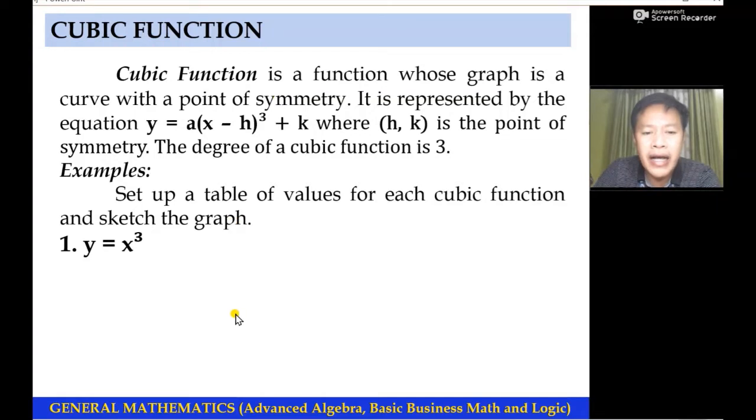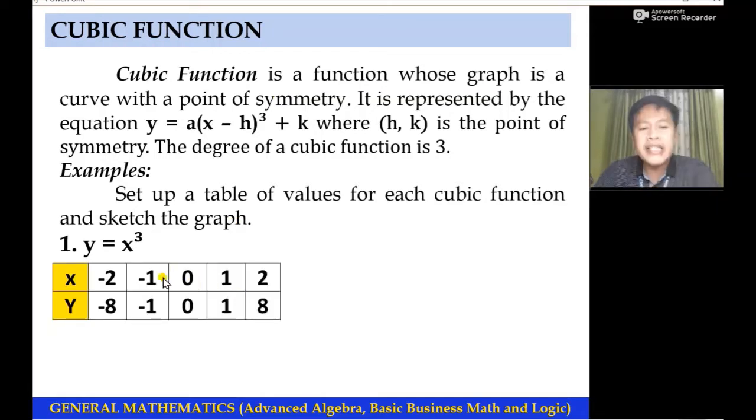The same strategy we are going to apply with setting up table of values with that of the quadratic function. The most essential property of a quadratic function is the vertex. But in cubic function, the most important characteristic is the point of symmetry.